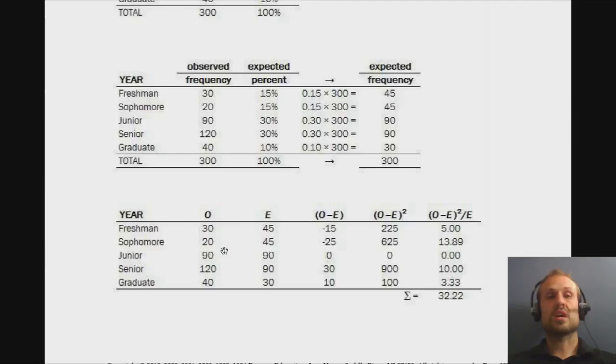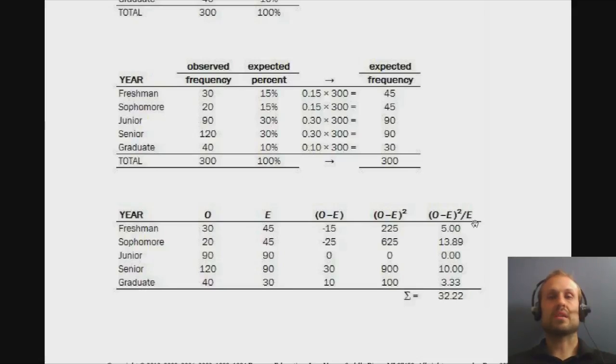In another situation, I could deal with much larger groups of people or a different number of objects, maybe just a handful. So I don't want the scale of these numbers to really affect the numerical measure that I associate with it. So to do that, we're going to look at these squared deviations, so to speak, relative to the size of the expected frequency.